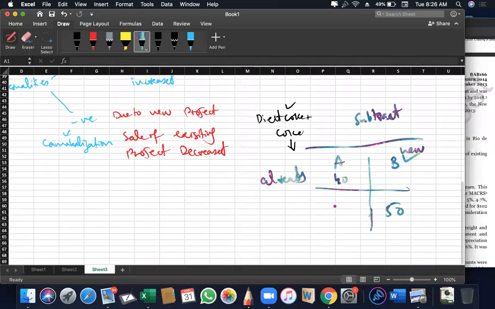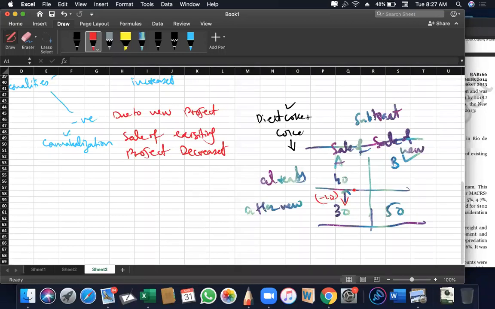And here the sale is 30. So what happened? There is a decrease of minus 10.